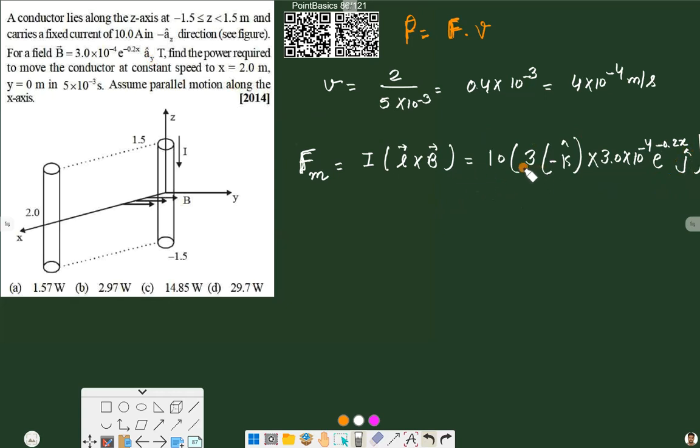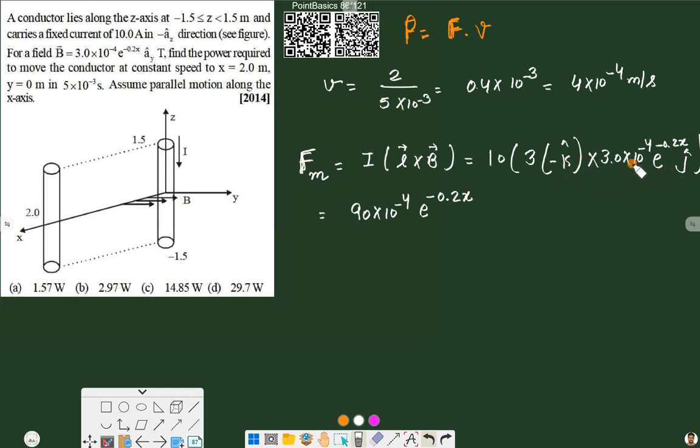So solving these, we will get 30 into 3, 90 into 10 raised to power minus 4, so 90 into 10 raised to power minus 4 into e raised to power minus 0.2x with minus k cross j. Now we know that k cross j is, sorry, I.